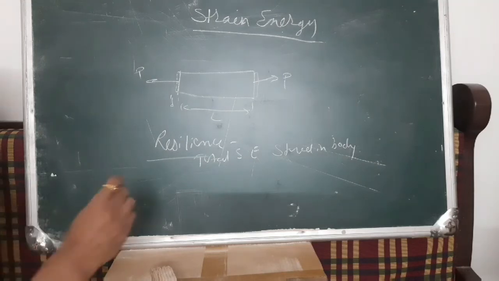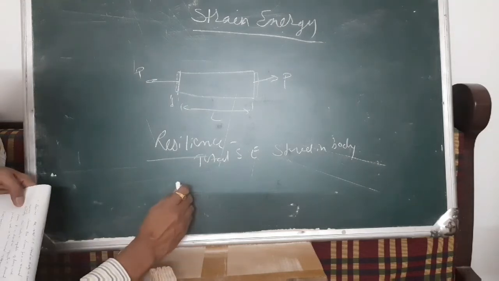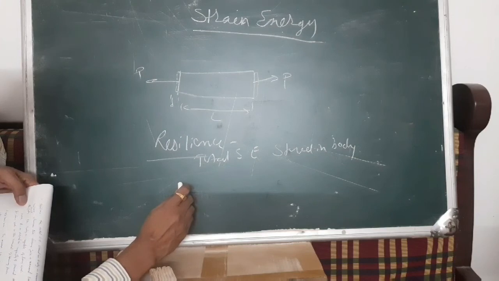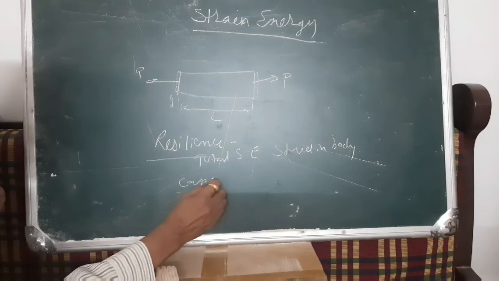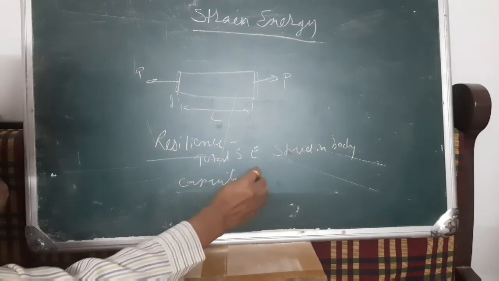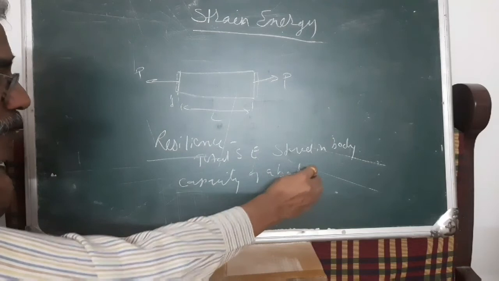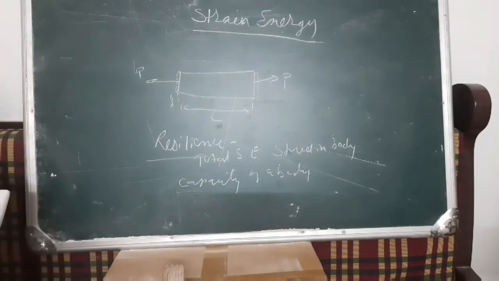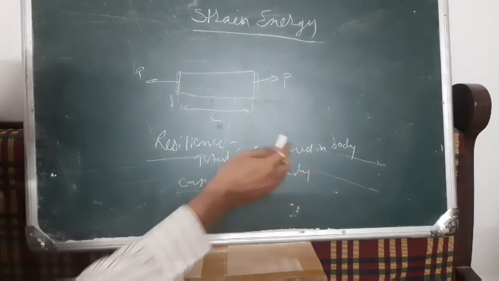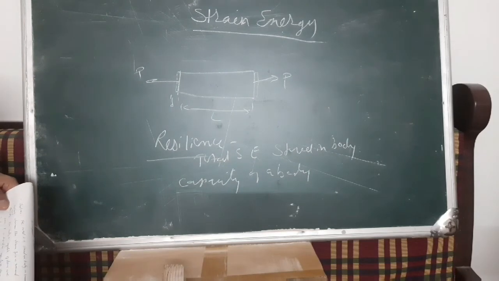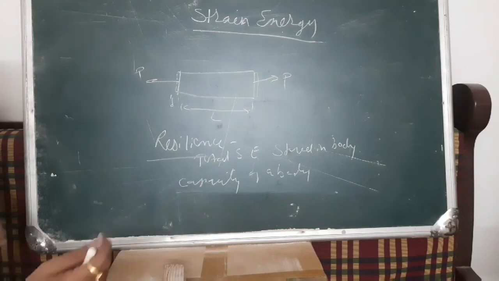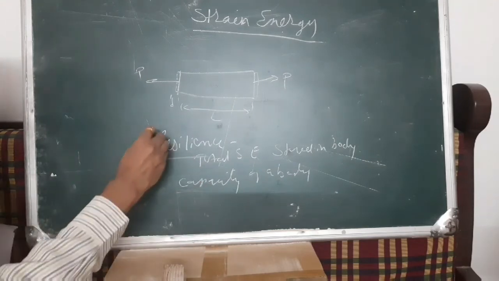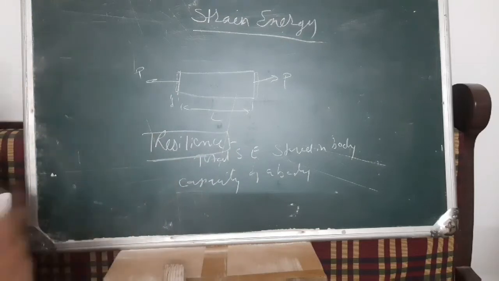The resilience can be defined as the capacity of a strained body for doing work after removal of the load within the elastic limit. So these are the definitions we should know when we go for the resilience.